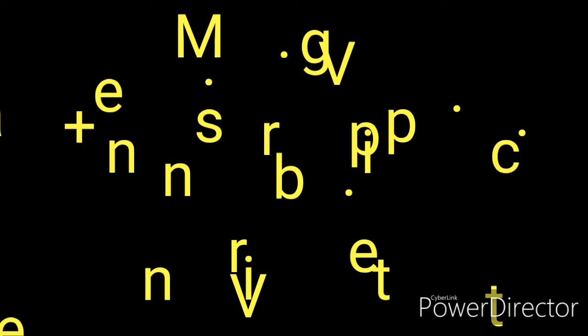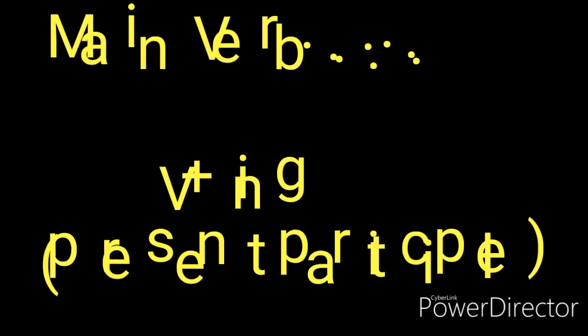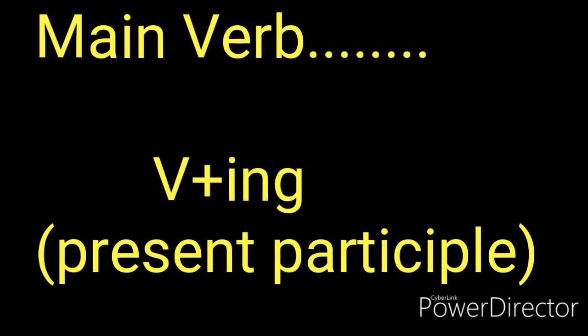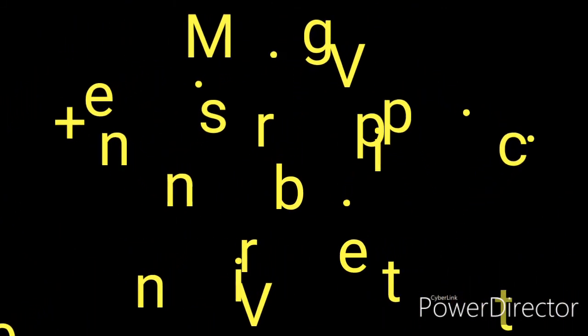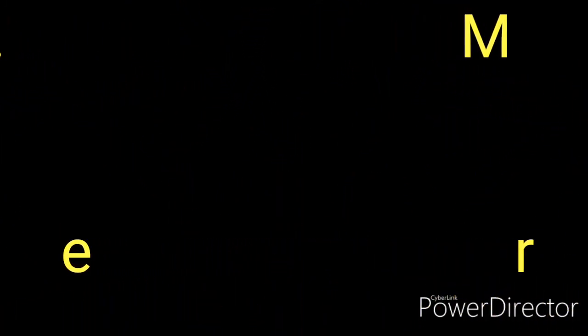Main verb. In all perfect continuous tenses we use ing form of main verb, that is known as present participle. So keep this thing in your mind that in all continuous and perfect continuous tenses we use ing form of main verb. Affirmative sentences.